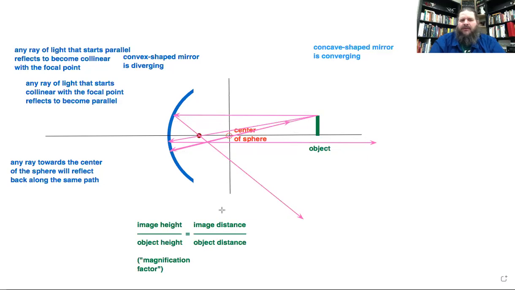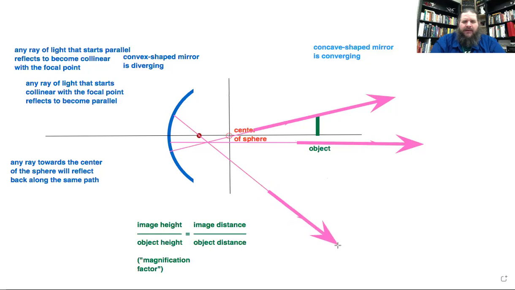And we want to figure out if you're standing over on somewhere on this side of the mirror, where do those three principal rays seem to come from? And I think it might help if we erase the original three rays that were coming from the object. If we just look at the resulting rays. So if you're standing over here and you just see this ray and this ray and this ray, can you identify one point where those three rays seem to have come from?